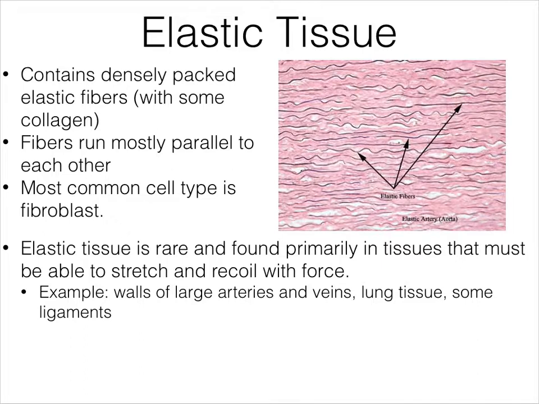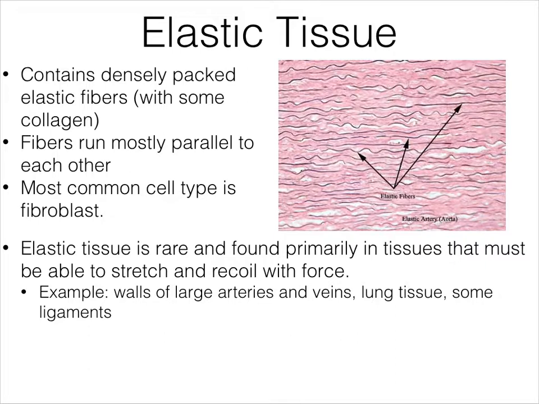First of our dense connective tissues is elastic tissue. Now, there's going to be a different type of elastic tissue, what's called elastic cartilage, later on. Don't get them confused. This is elastic tissue. It is a dense fibrous tissue.